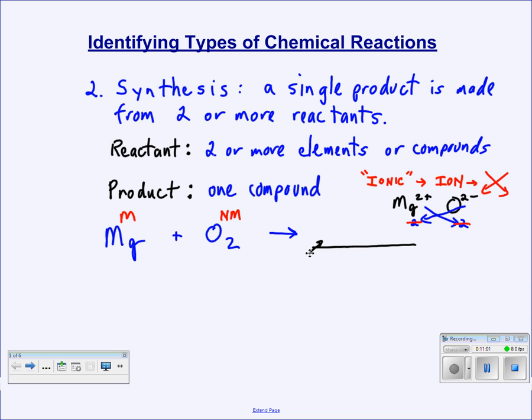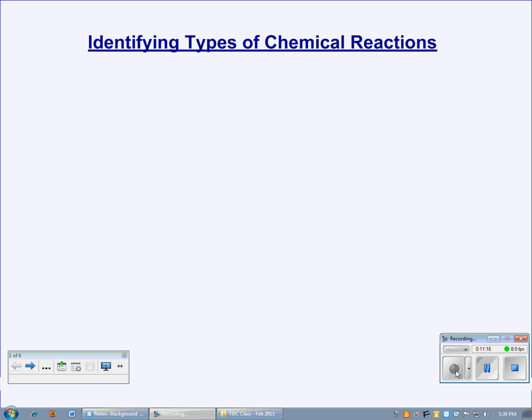When there's a multiple in that subscript, we reduce it 1 to 1. All this is a review from our bonding chapter. And so the formula for the product between magnesium and oxygen gas would be MgO, magnesium oxide.